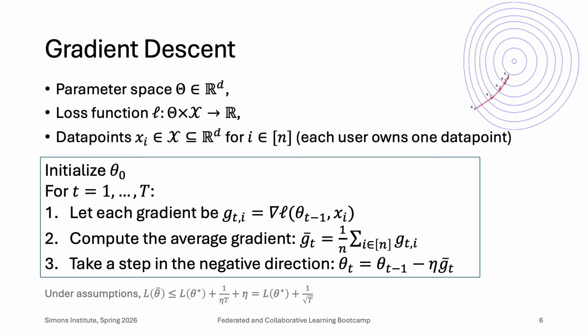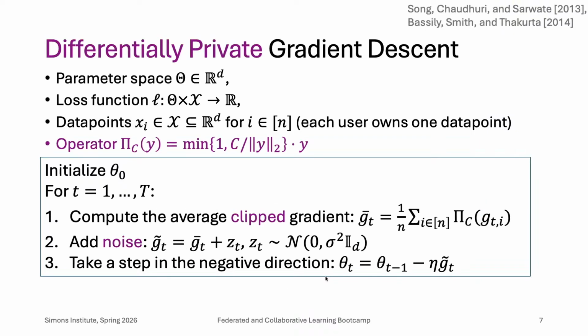The purple ones are going to be the changes. So differentially private gradient descent was first used and then tightly analyzed in the first and the second paper. These are the changes you're going to have to make this algorithm differentially private. First, each gradient has to be clipped.